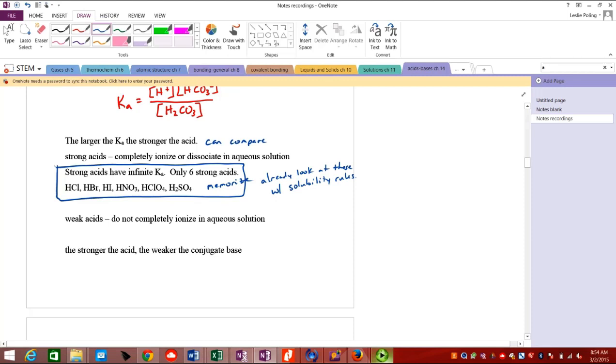Now, weak acids do not completely ionize, and the stronger the acid, the weaker the conjugate base. So we have HCl is a strong acid. So Cl minus is the conjugate base, and it is really not a base at all.